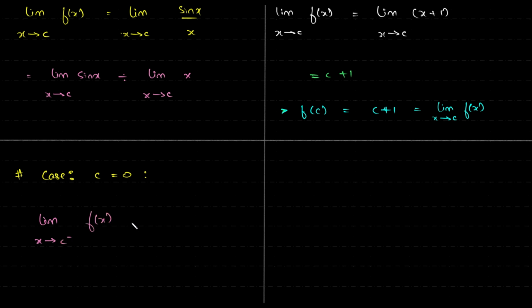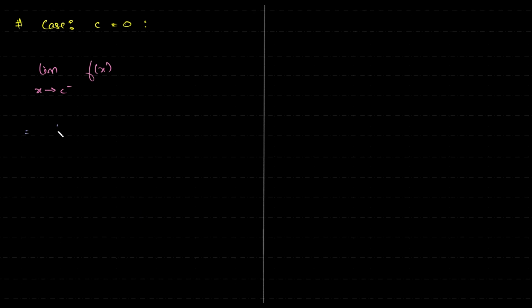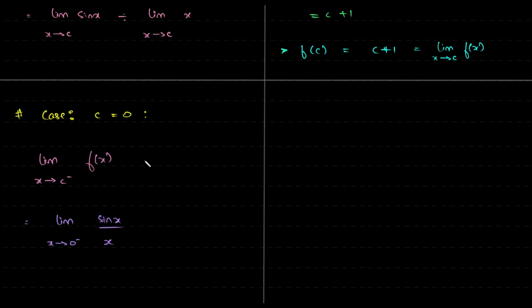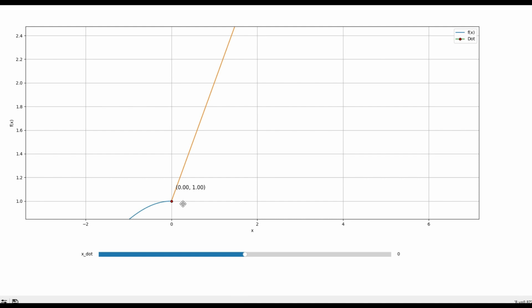So c minus, on substitution, what we have is limit sin x by x as x tends towards 0 from the left hand side, and the graph also shows the same.